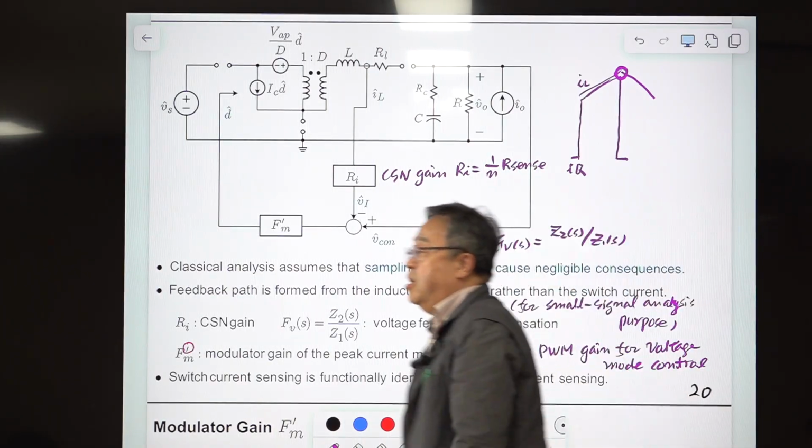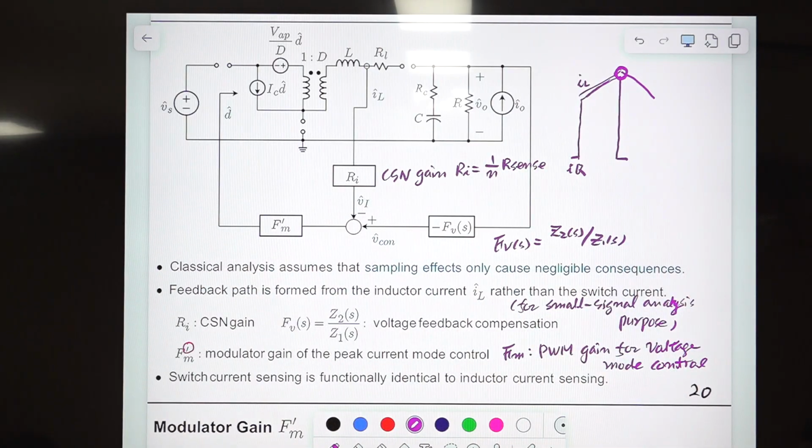Okay. And RI is current sensing network gain, and the voltage feedback compensation is simply G2S divided by G1S. So you have negative sign here, this indicates the negative feedback. All right. And the modulator gain, we used FM prime.